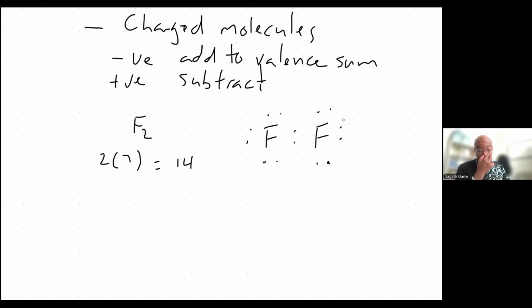So we have 14 electrons, and we can't use any more or any less. Then we can draw every pair shared, and we can indicate it with a single little line, which we call a single bond.